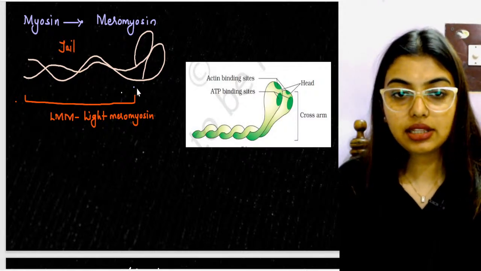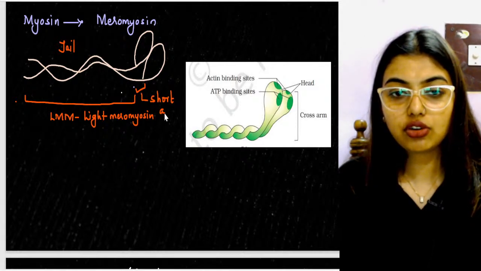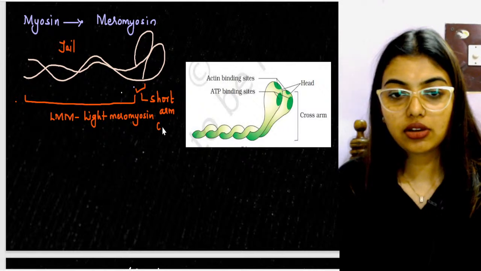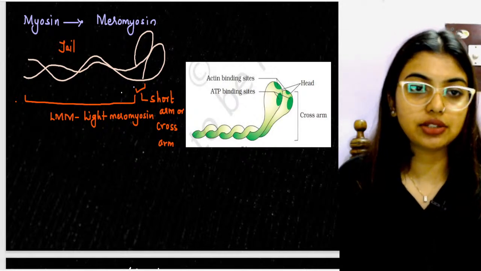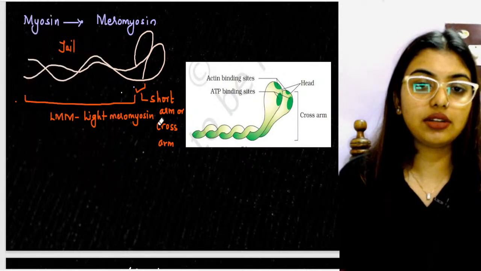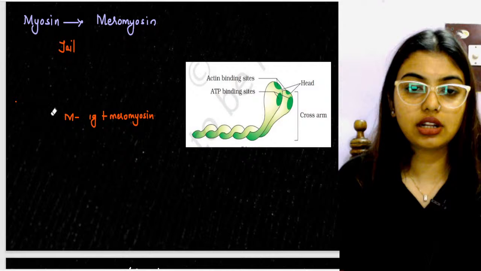Then this portion is going to be the short arm, or your cross arm. Then students, here this is going to be the head region. I think I should have written it in different colors, it is too confusing at the base. One second, I'll just draw this a little above.